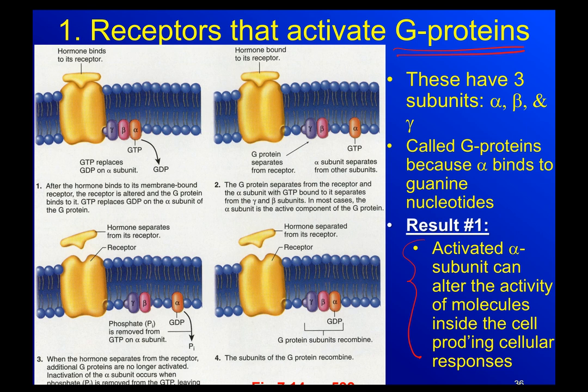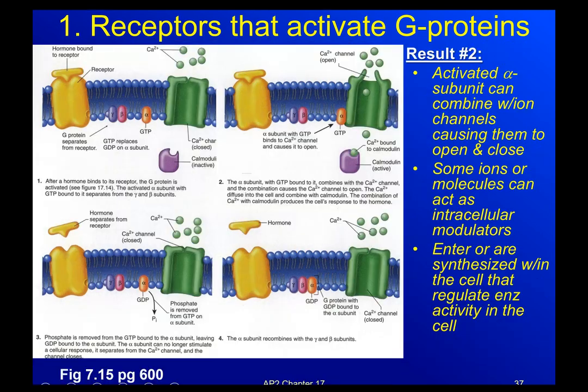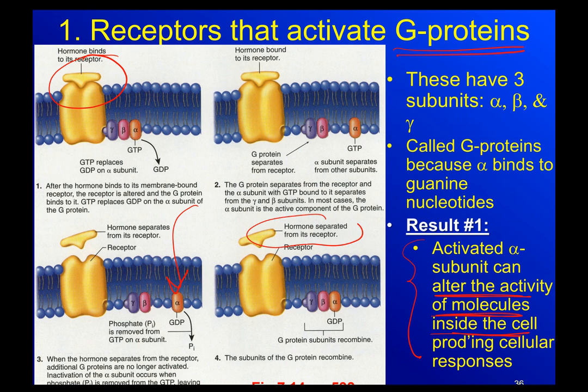So this gets bound to, alpha goes into the cell, and it alters the activity of molecules inside the cell. Okay? So just like with anything else that has a ligand bind, when this lets go, these guys come back, whatever's happening stops. Okay?